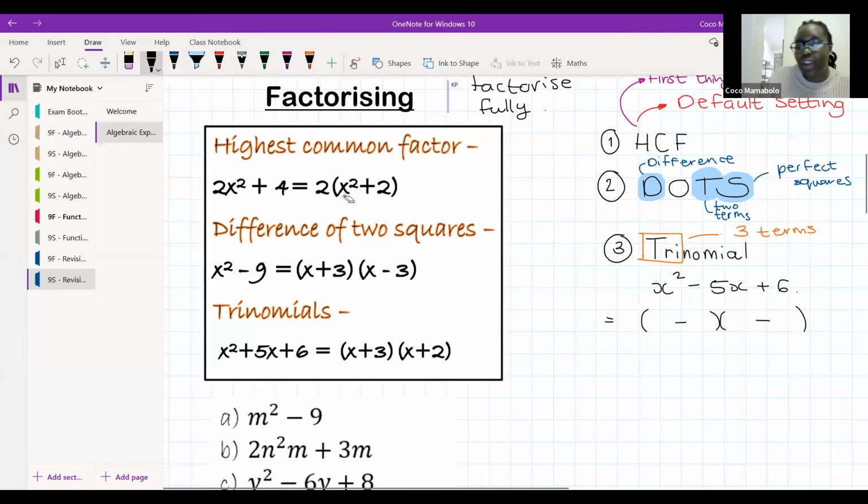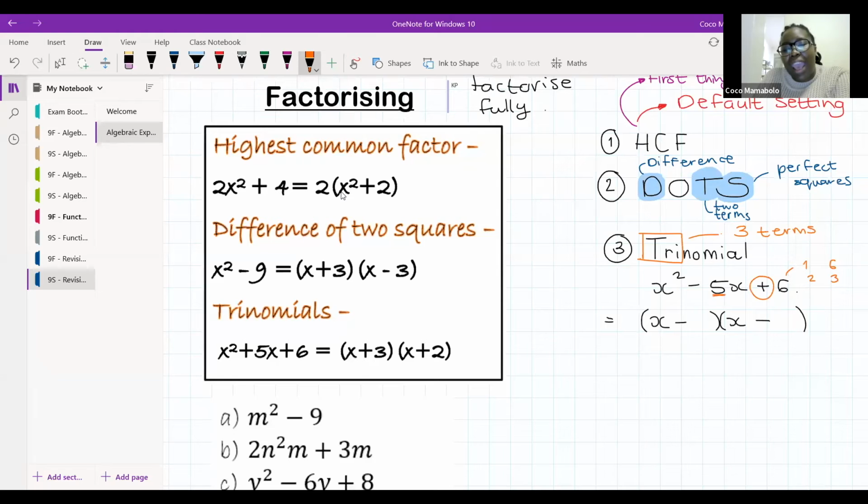I know that I'm going to find the factors of x squared, which are x and x. And then I'm going to find the factors of 6, which will be 1 and 6, and 2 and 3. Now, because I've got a positive over here, I need to add these 2 and they need to give me 5.